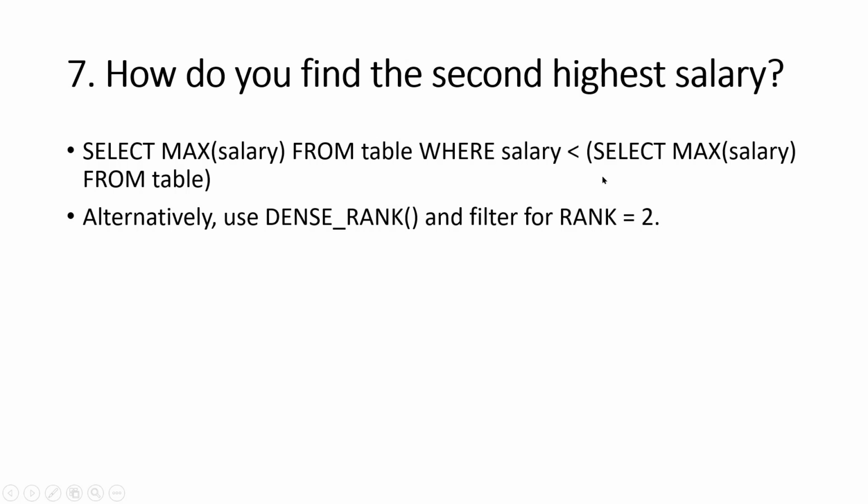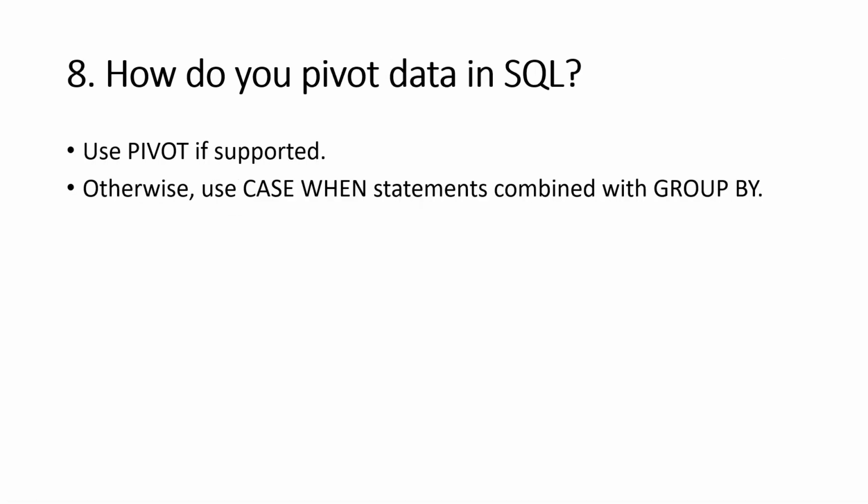So now you are taking salary less than the maximum salary. That will be the salaries which do not have the maximum salary. Now among these salaries that you have filtered out, you need to select the maximum salary. That will give you the second highest salary. That is how you find the second highest salary. Alternatively, you can use dense rank and filter for rank equal to 2. So these are the two ways that you can solve this problem.